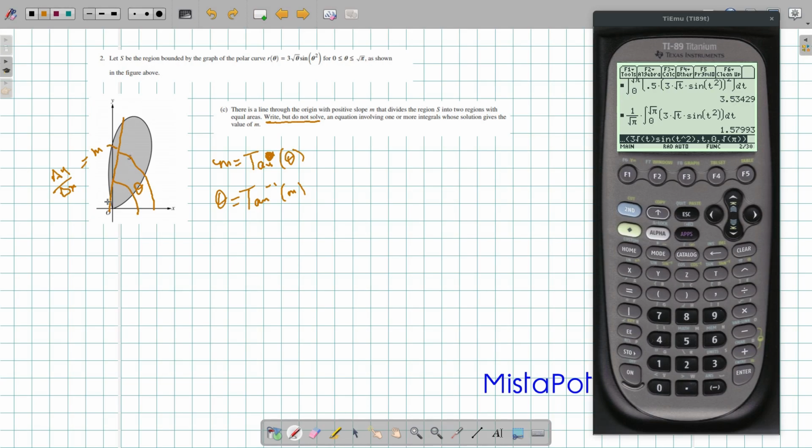Now obviously I've misdrawn this line, but I need to make sure that I'm going to go from 0 to whatever this theta is, and then from theta to this square root of pi limit. And I want to make sure that these integrals are the same.